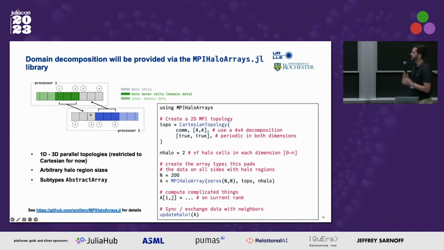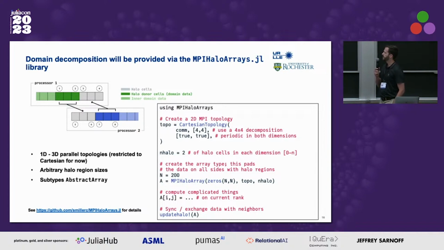So here's some pseudocode. You can look online to see the details, but essentially you have to create a topology first to tell the code what the decomposition is. So here we're splitting the domain up in 2D, 4x4, and we're going to use periodic boundary conditions in both dimensions. And you specify how many halo cells. This is fixed for all the domains. It can be anything from 0 to n.